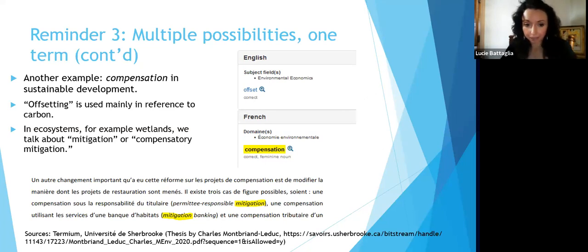Like in my example below, I have une compensation sous la responsabilité du titulaire when the landowner has to take care of restoring ecosystems on their property. It would be permittee responsible mitigation.